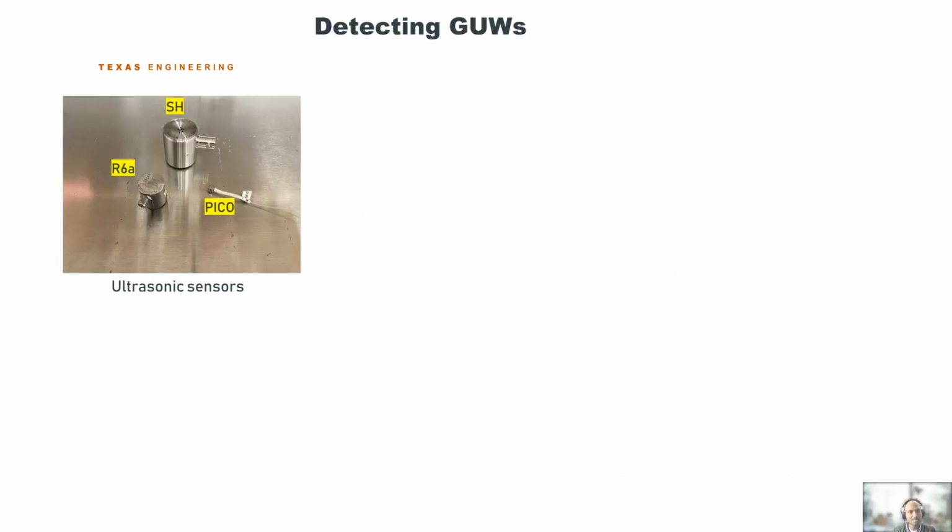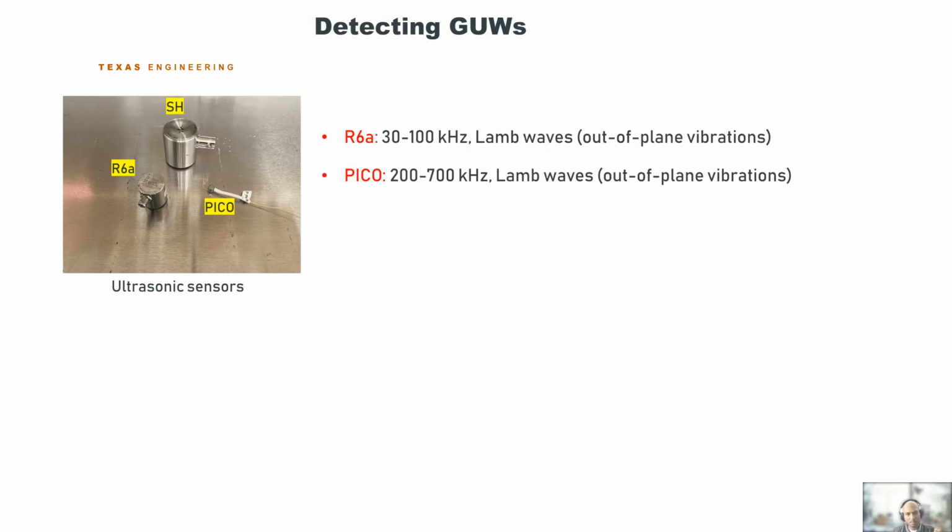And how do we detect these guided waves? So we have highly sensitive ultrasonic sensors which can be bonded to the plates, and that will allow you to capture these ultrasonic waves generated by the movements of the mouse.